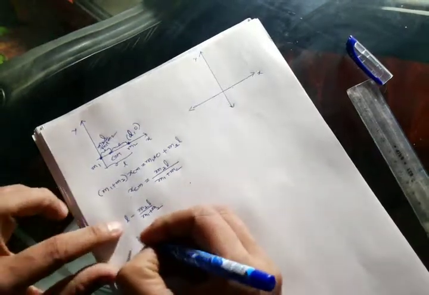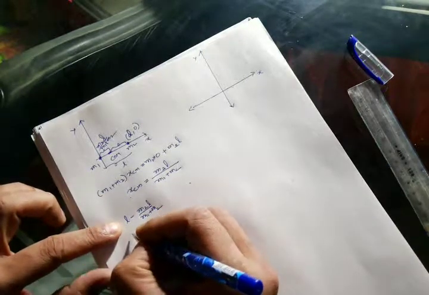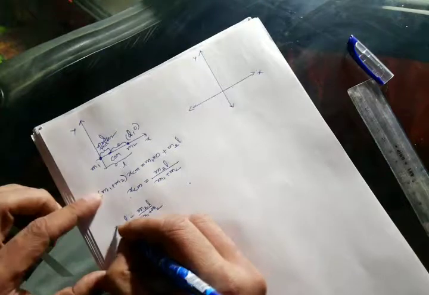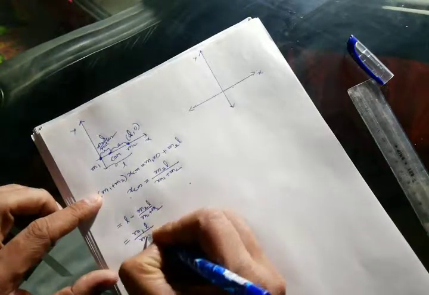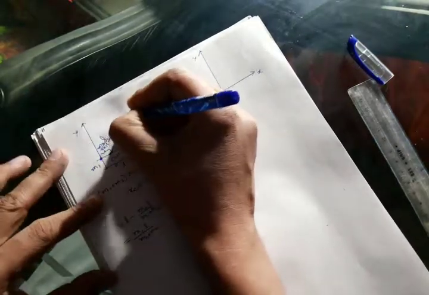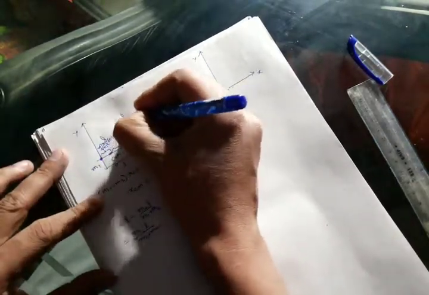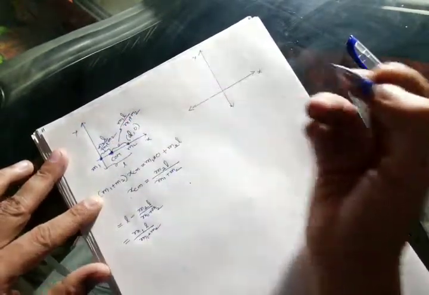That will be m1 L over m1 plus m2. So this is the center of mass.